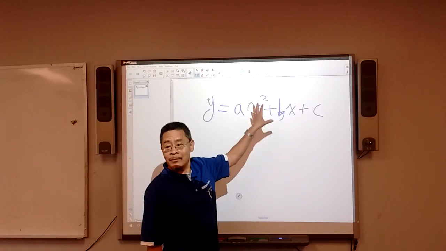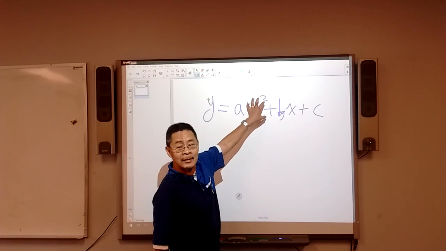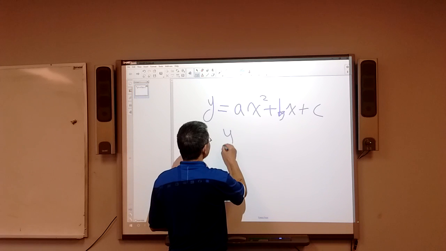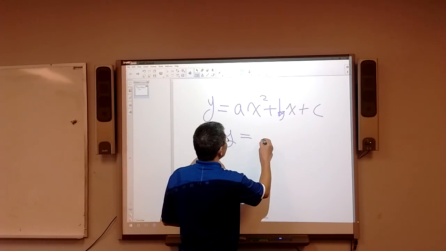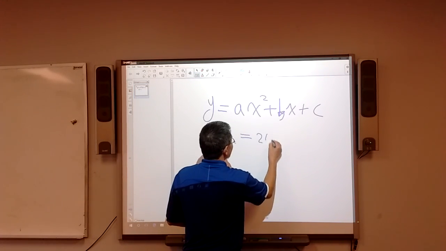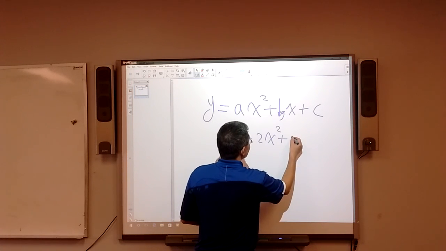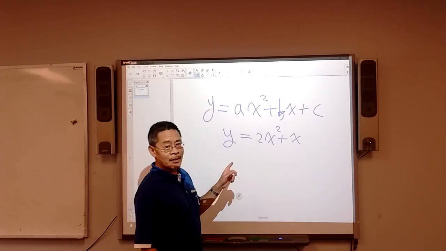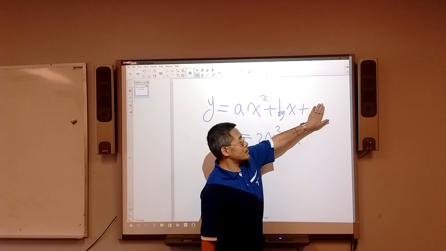This is what we mean by quadratic function, because you could have something like 2x squared plus x. It's still quadratic. So this can be 0. Okay?